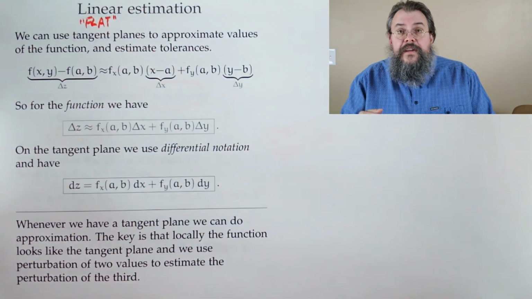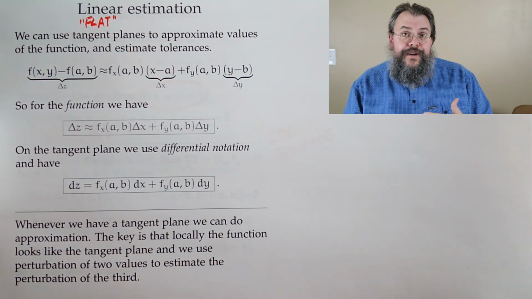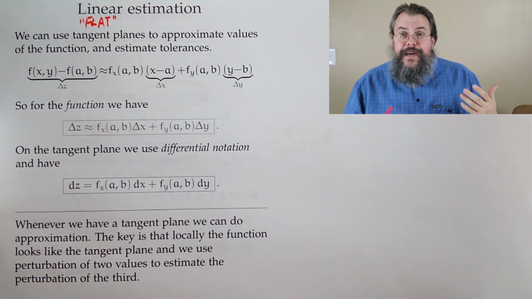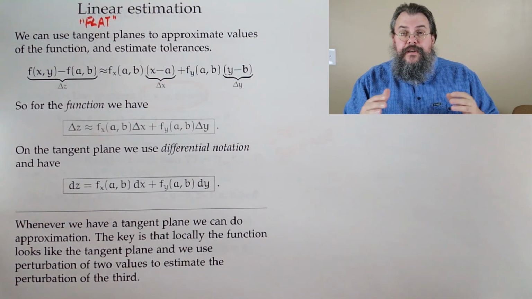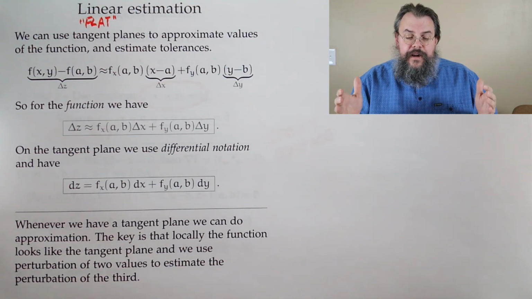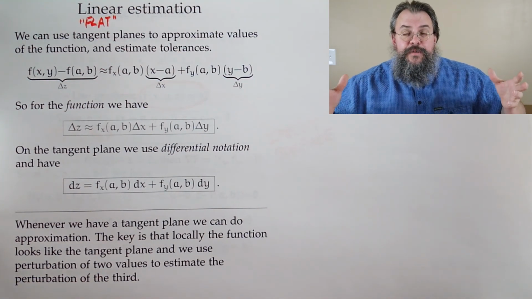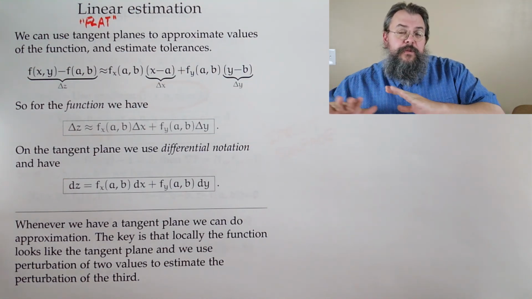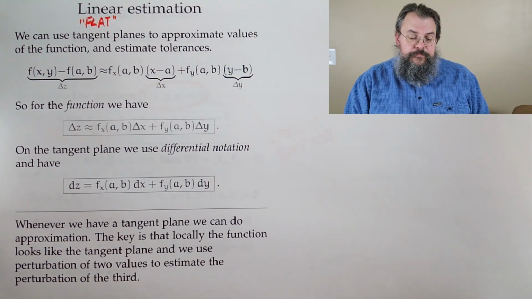So when we talk about linear estimation, we want to approximate with something which is flat. Why would we do that? Well, it's very easy to do evaluations with something like a plane. It's very easy to carry out the computation. So if I have something which is very complicated to compute, I'll replace the complicated thing with a flat, easy thing, which is not a bad approximation.